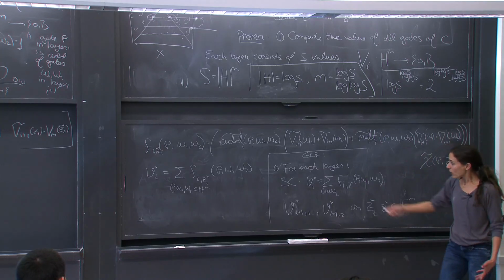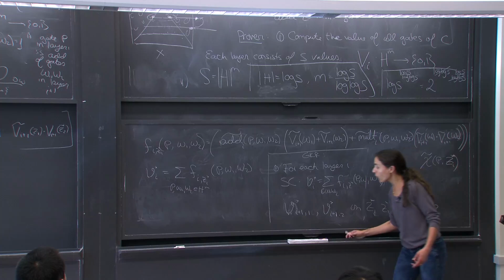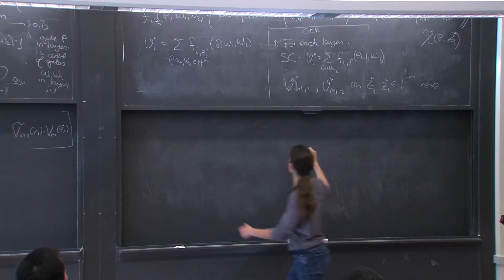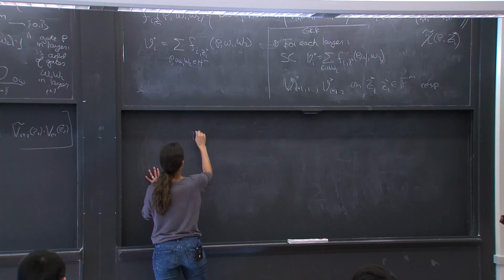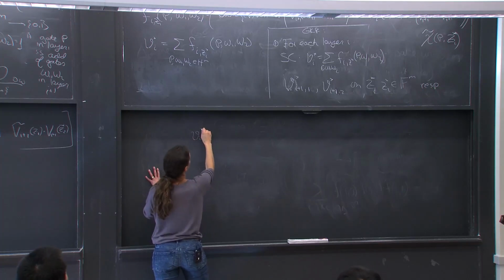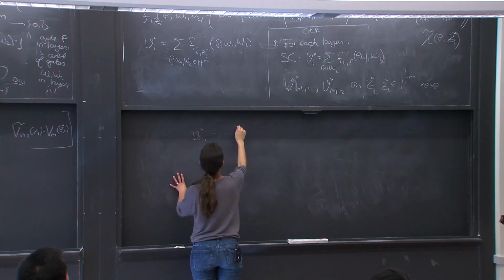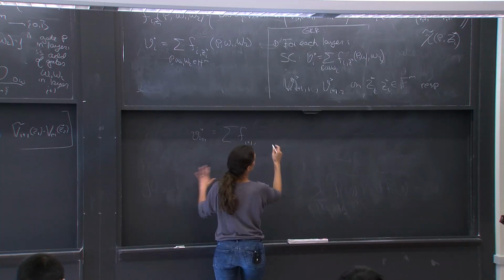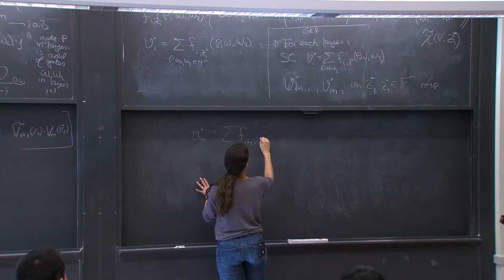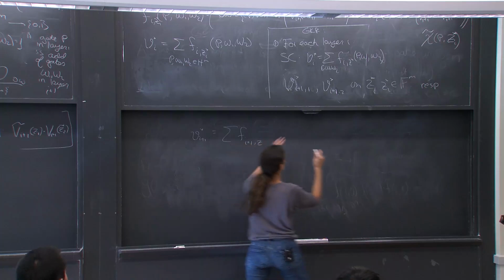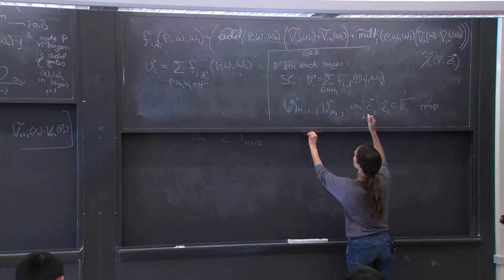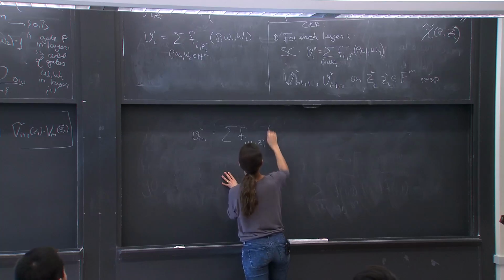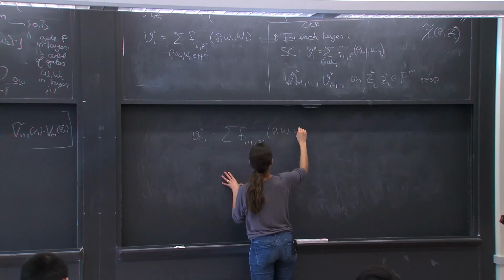Okay, so now we have a new sum check. So now what we want to do is two sum checks. First sum check that Vi plus 1 star is equal to the sum of Fi plus 1, and we call them star. Let me call this Z1 star on Pw1 W2.